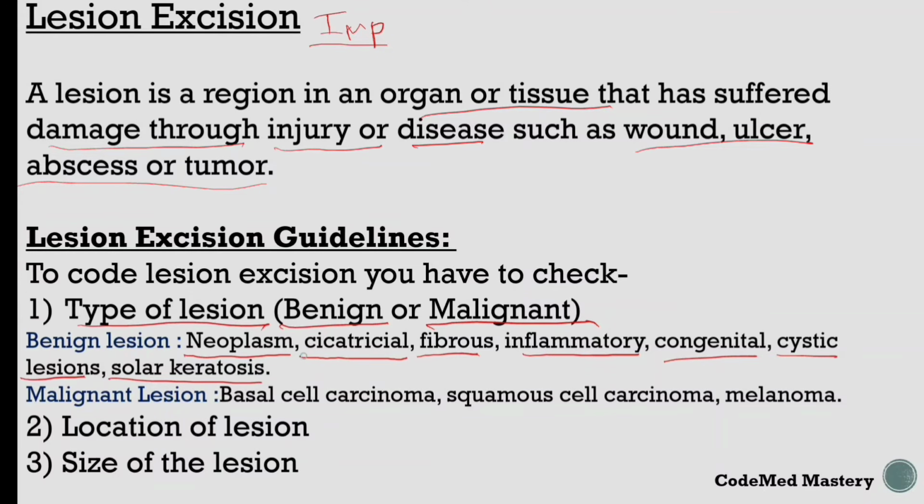All these terms should be present in the question for you to understand that it is benign lesion. Next, how will you find out malignant lesion? The term should be present: basal cell carcinoma, squamous cell carcinoma, melanoma. Okay. Next, you have to know the location of the lesion. And third, size of the lesion. So based on these guidelines, you have to code lesion excision codes.